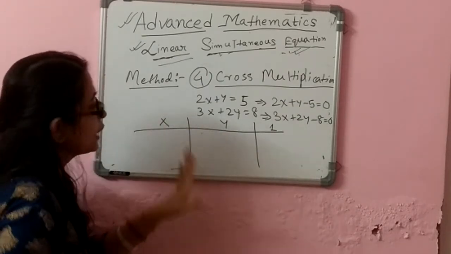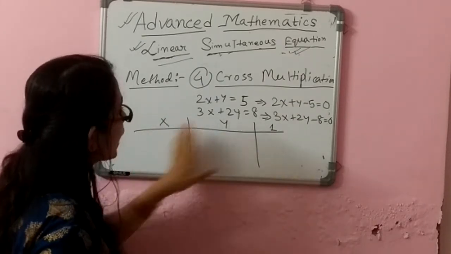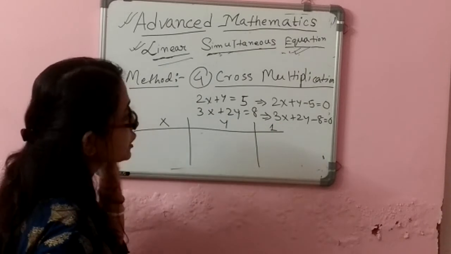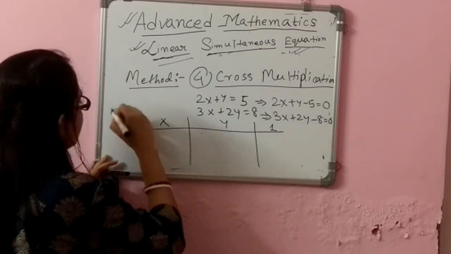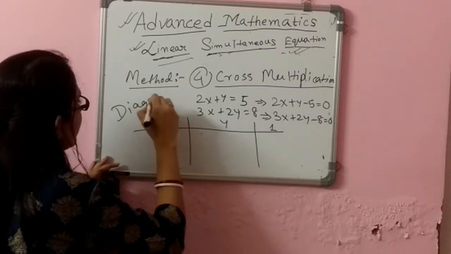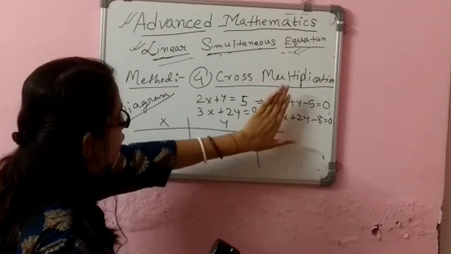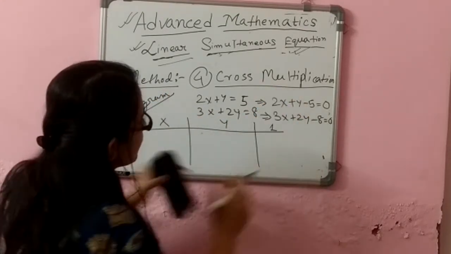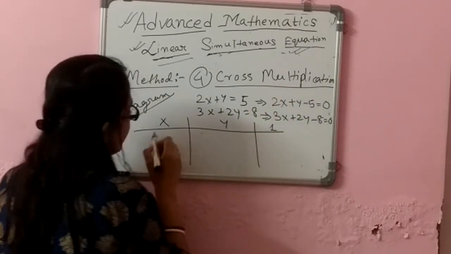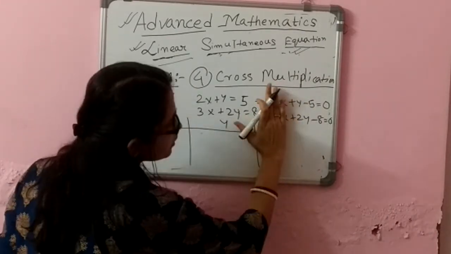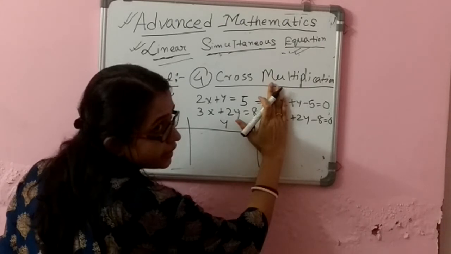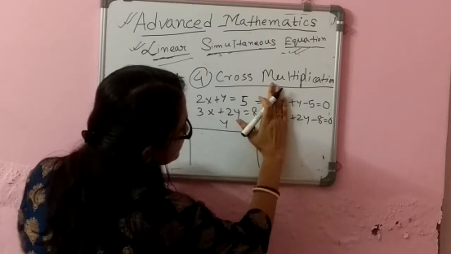Now, if we want to find the value, the cross multiplication method states a simple diagram. We have to draw a diagram so that it becomes easy for us. So for x, under x, what will we write? We will just close the part x and consider this part.